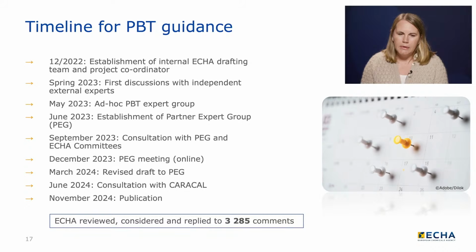A similar timeline was followed for the work on the guidance on PBT-PMTs. And for this piece of guidance, approximately 3,300 comments were received during the process. So overall, approximately 9,000 comments have been reviewed, considered and replied to for the new guidance on EDs and PBTs.